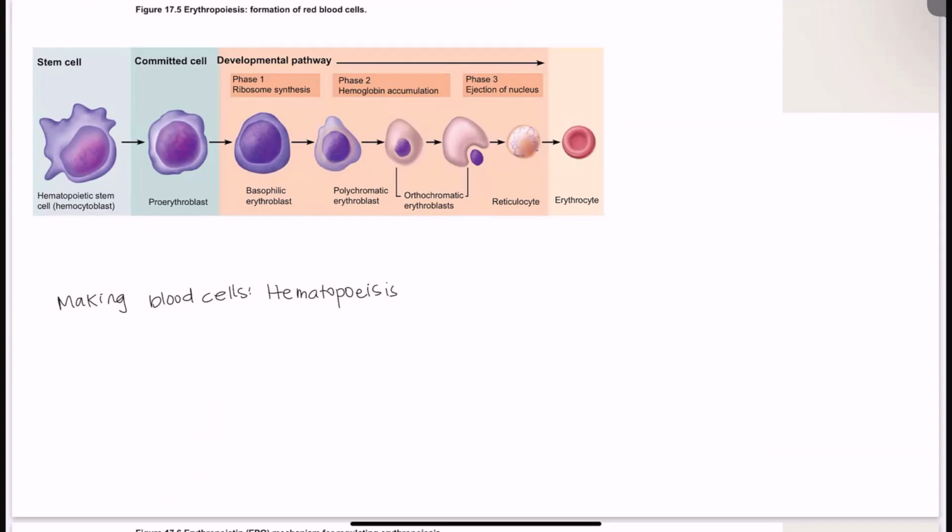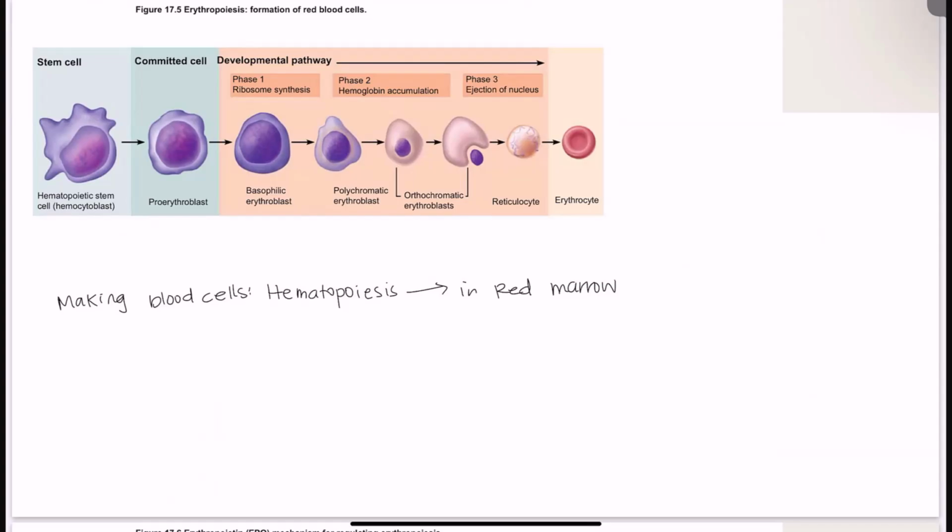Oops, I swapped my E and my I. Hematopoiesis literally is Latin or Greek for blood making. And this occurs in red bone marrow. In red marrow. Think back to Bio 430.